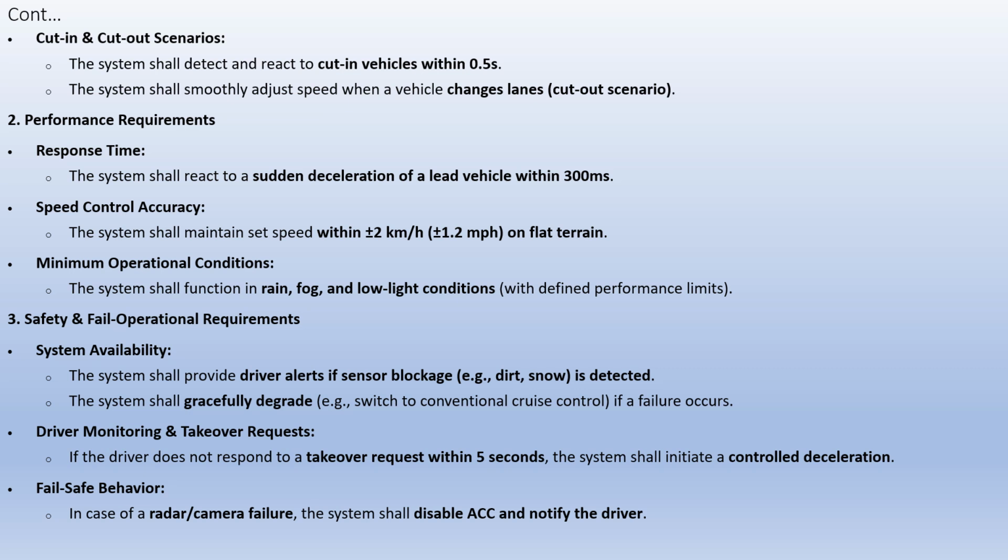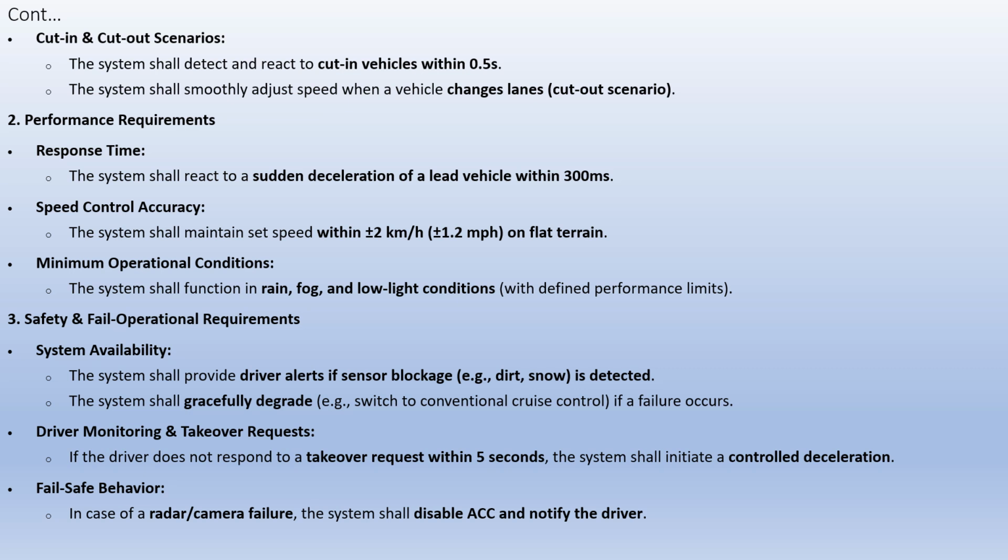Now, what are the performance requirements? Just now we saw functional requirements, now performance requirements. The performance requirement is response time. The system shall react to sudden deceleration of lead vehicles within 300 milliseconds. So the vehicle which is ahead of us suddenly slams the brakes and comes to a hard stop.